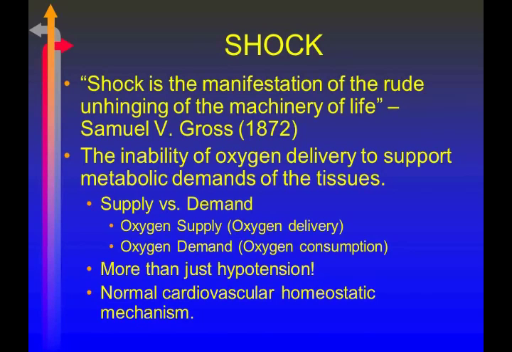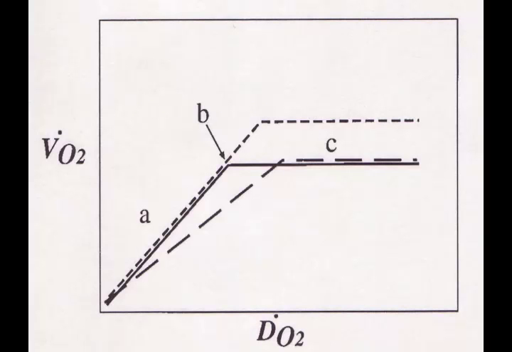Someone could be in shock and have a blood pressure that's maintained as normal. So don't solely go by that. But basically, it's where that cardiovascular response that we should see is inadequate. What this graph is showing us is that as we increase oxygen consumption, it should be matched by an increase in delivery.